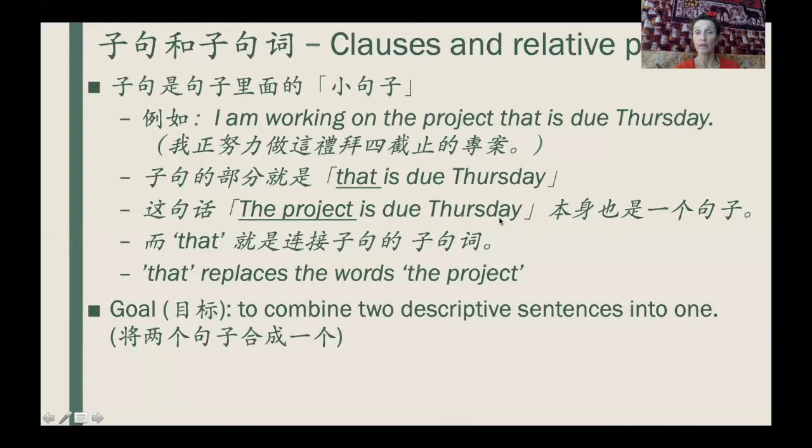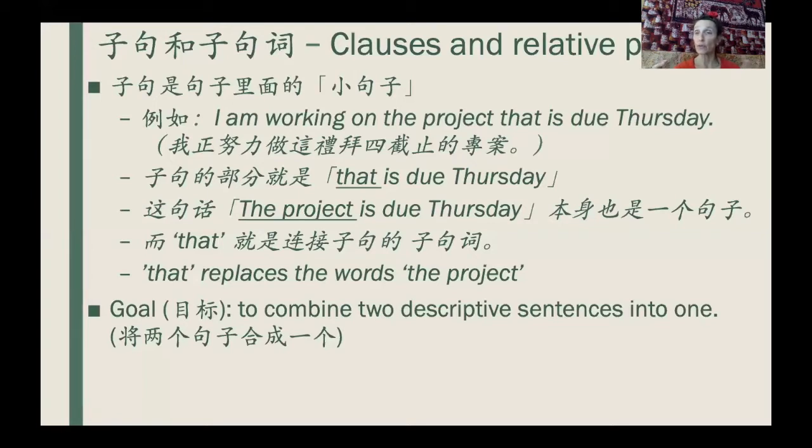Okay, and 这句话 the project is due Thursday. 本身也是一个句子. So this whole idea all by itself is a sentence. Is a sentence, complete idea, one idea, a complete idea. And that that 就是连接子助的子助词.